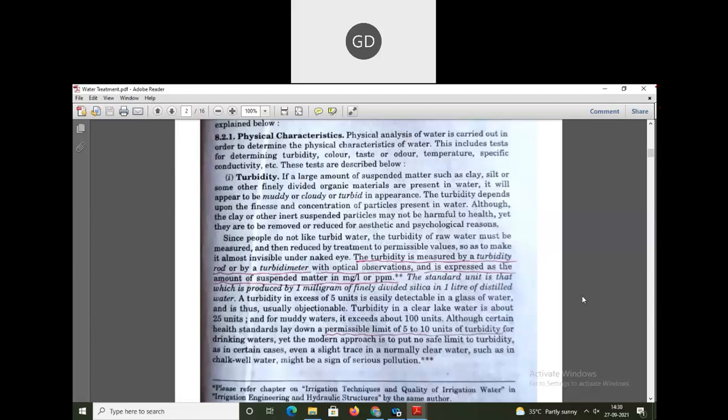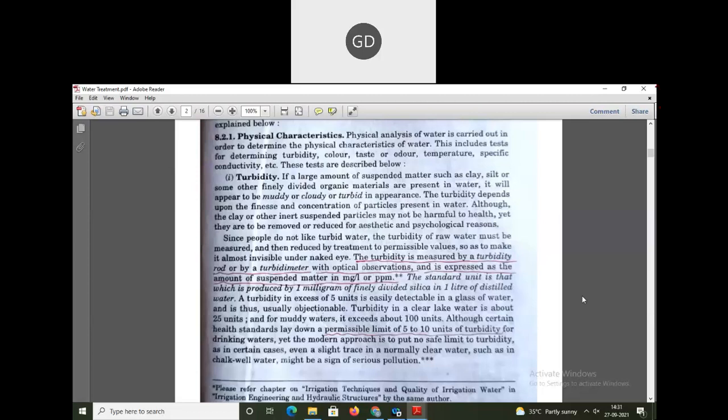How is the standard unit produced? If you mix 1 milligram of finely divided silica in 1 liter of distilled water, that is the standard unit for measuring turbidity.